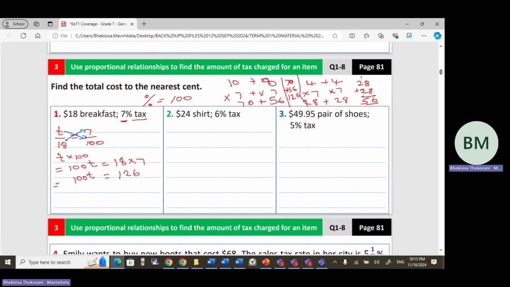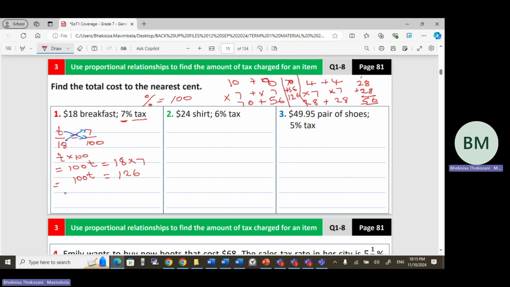Now we are going to divide everything by 100. Okay, let's divide everything by 100. I'm going to say 100 on both sides, with my T here, which is 126 divided by 100.